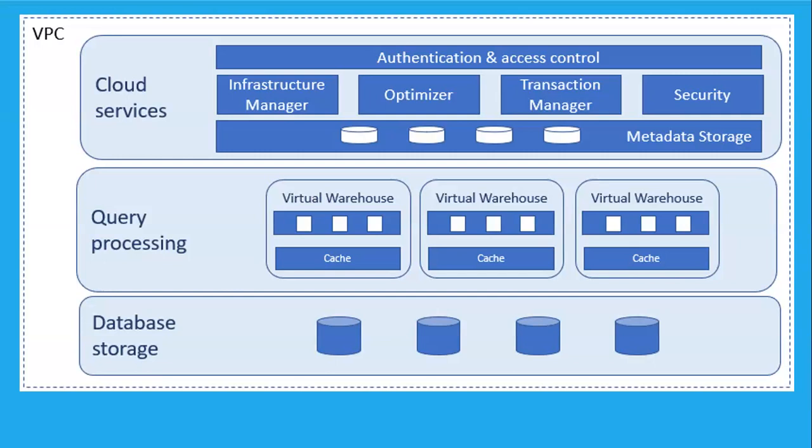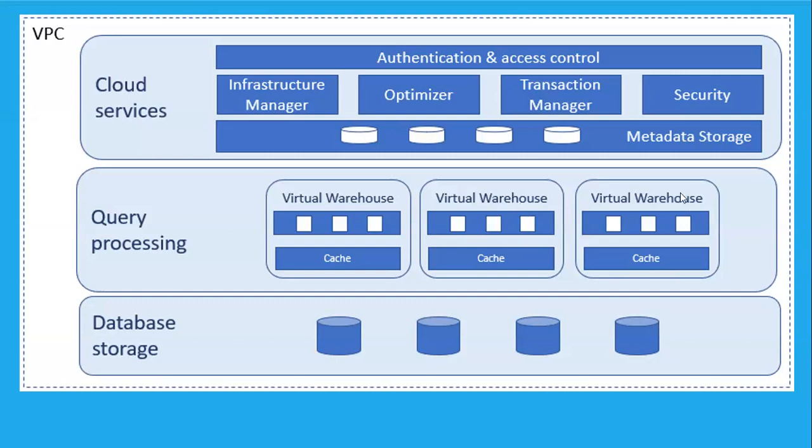But in on-prem servers, you can define the hardware resources only once. Those hardware resources will be shared by the entire organization that is using the particular on-prem server. But in Snowflake, this hardware is provided virtually, in the form of virtual warehouses.